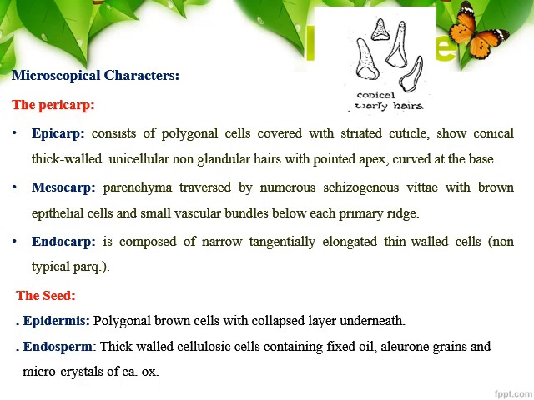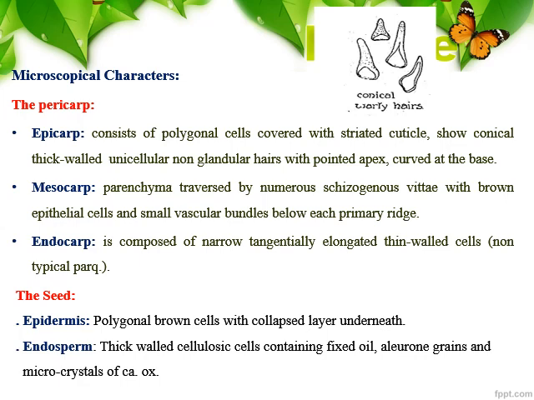For the microscopical characters, the epicarp consists of polygonal cells as in fennel, but here it is covered with striated cuticle and bearing conical thick-walled unicellular non-glandular hairs with pointed apexes curved at the base, also bearing some anomocytic stomata. For the mesocarp, parenchyma traversed by numerous schizogenous vittae with brown epithelial cells and a small vascular bundle below each primary ridge.